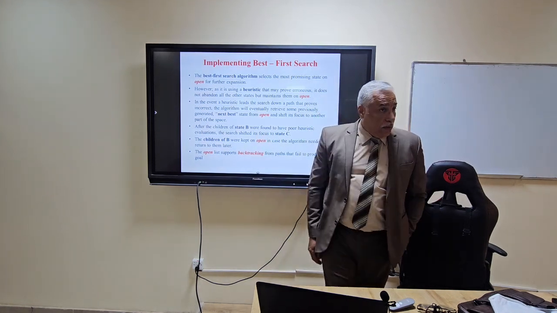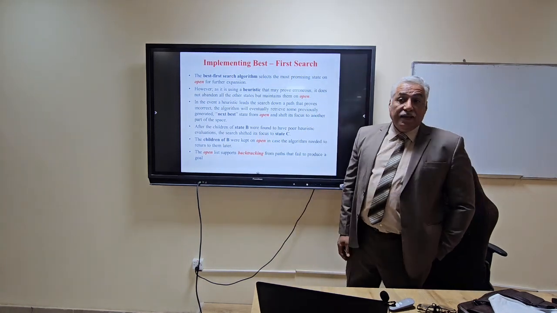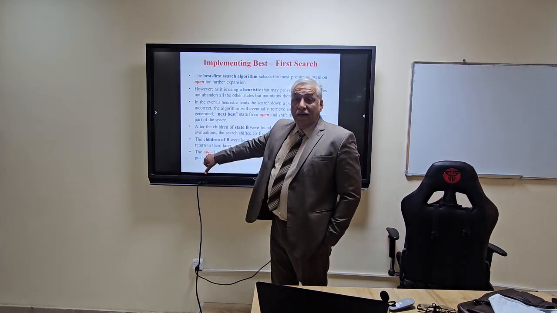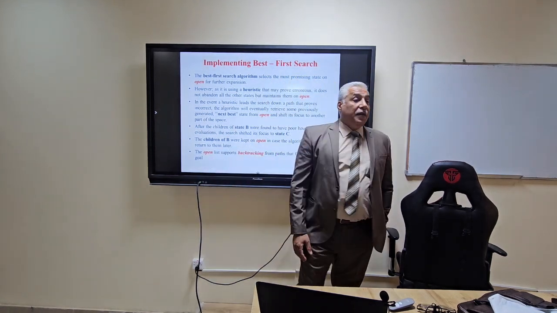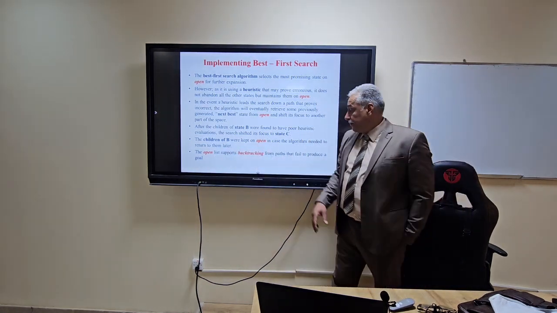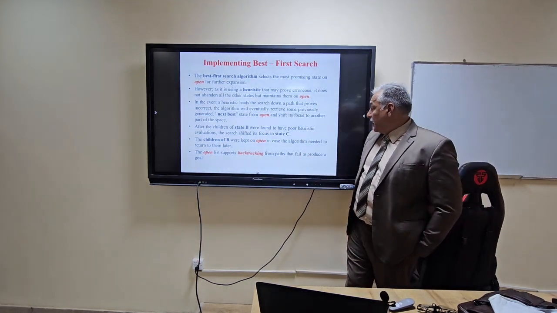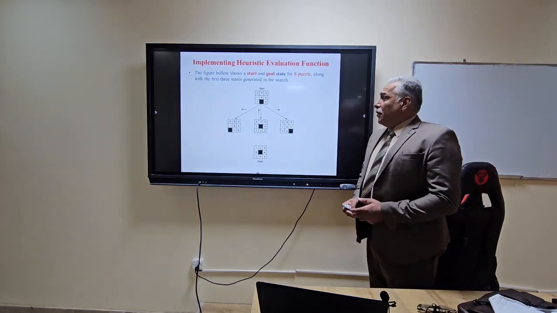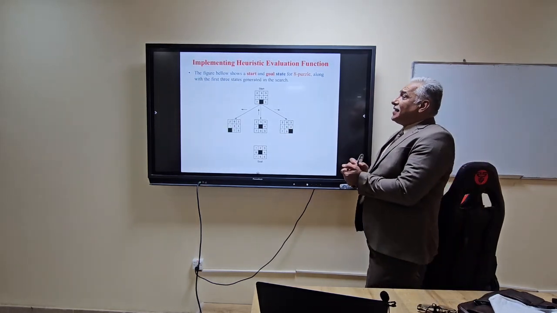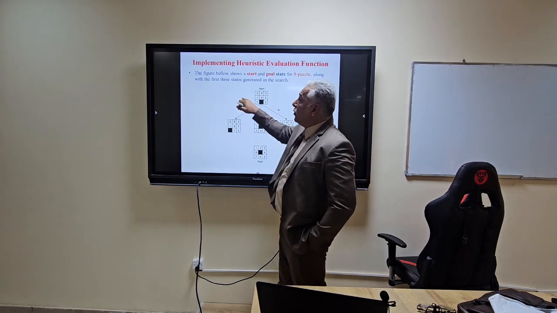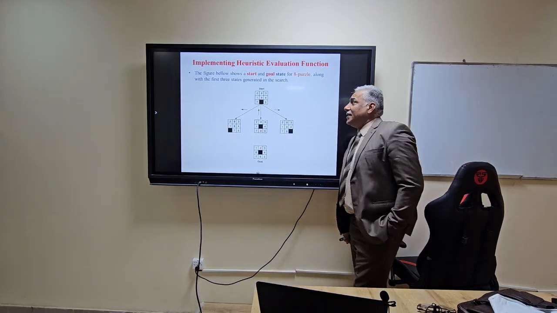Now, the backtracking strategy will apply in this algorithm and is represented in the open list, from a path that fails to produce a goal. For example, the figure below shows the start and goal states for the 8 puzzle along with the first 3 states generated in the search.